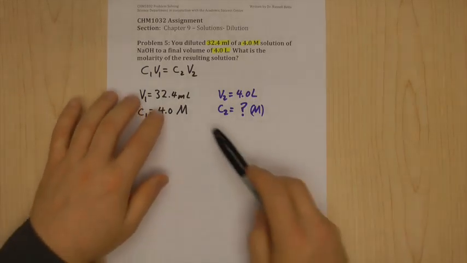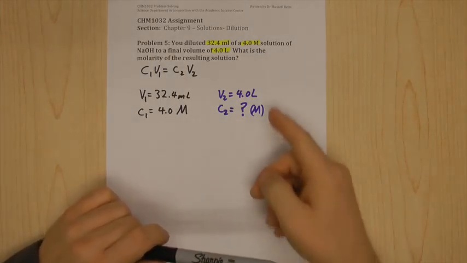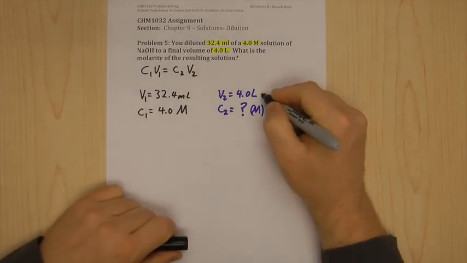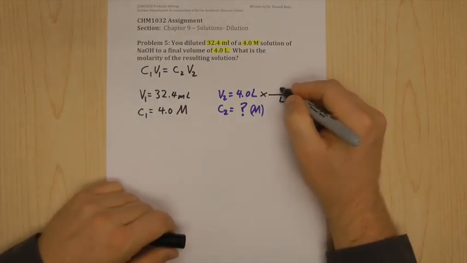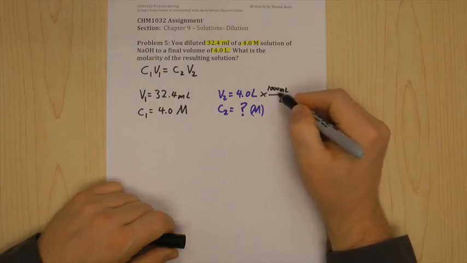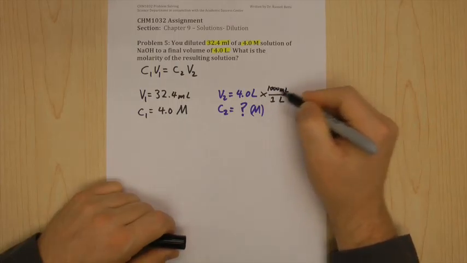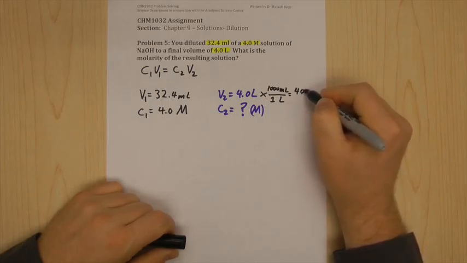So we have to convert either this one to liters or this one to milliliters, and I would just rather convert that to milliliters. I just think it's easier, and that's just how I think. Milliliters on top, liters on the bottom. There are 1,000 milliliters in a liter equals, that'll be 4,000, right?